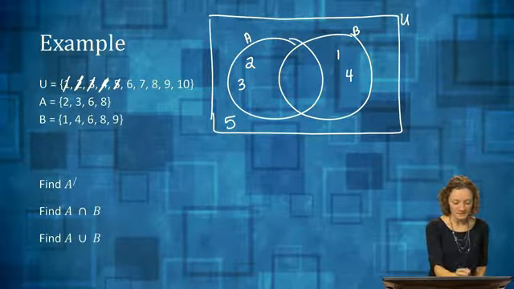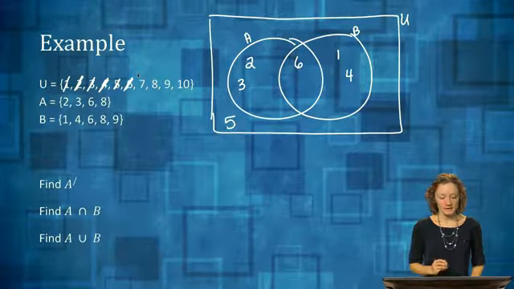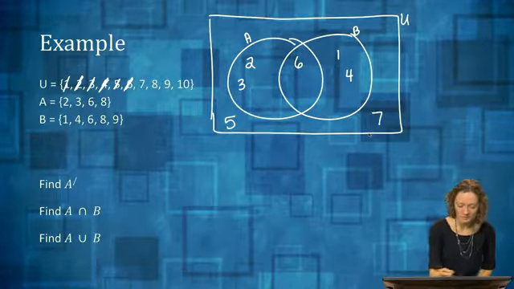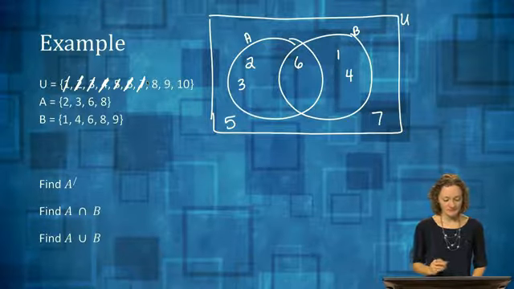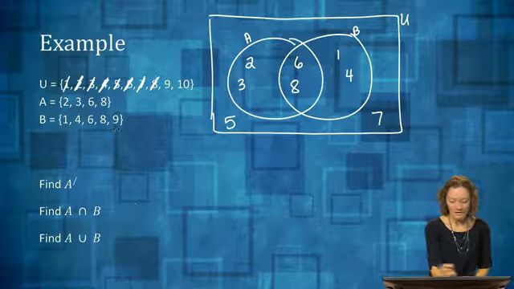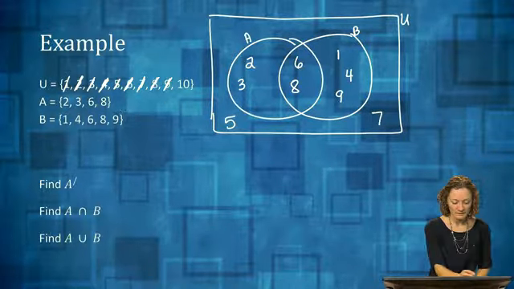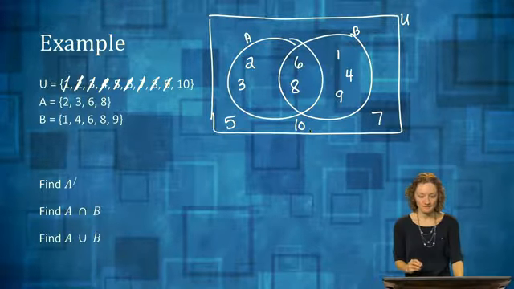The element 6 is in both of them, so 6 will go in the middle. The element 7, not in either, so 7 will also be on the outside. The element 8 is in both of them, so in the overlap here. The element 9 looks like it's just in B. And the element 10, not in either list, so again, we'll list it on the outside here.